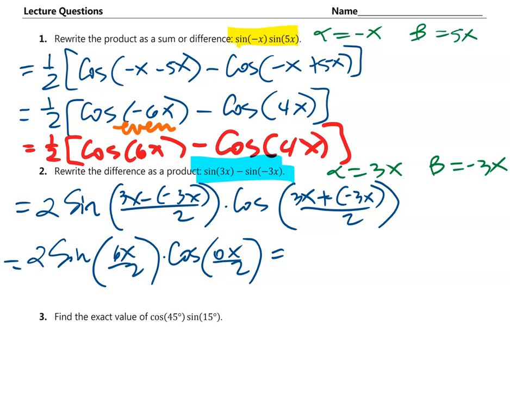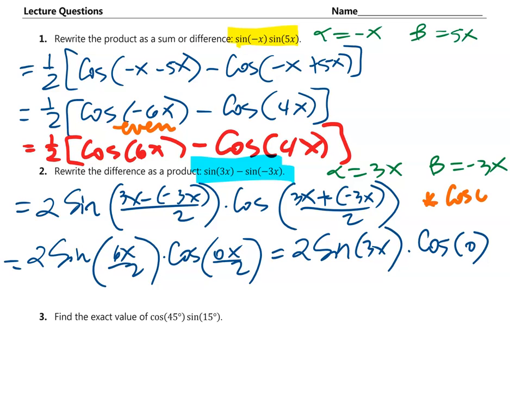So 6x over 2 is 3x. And 0 over 2 is cosine of 0. And we know that cosine of 0 is equal to 1. So the answer is 2 sine 3x.